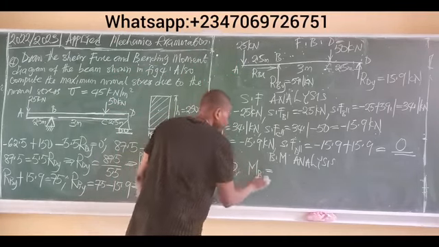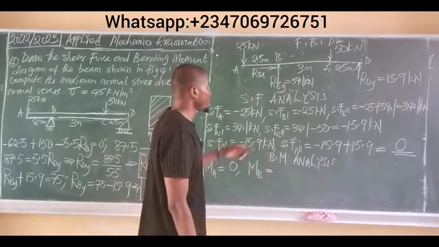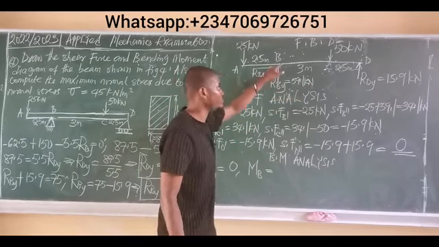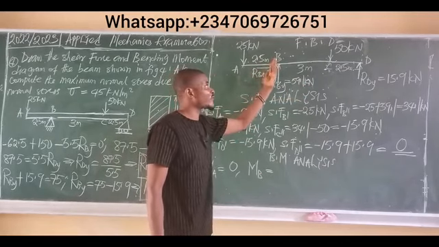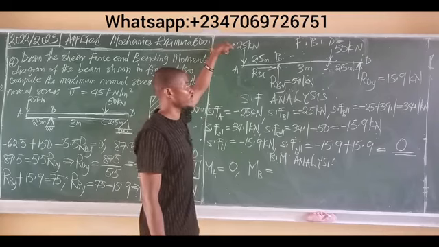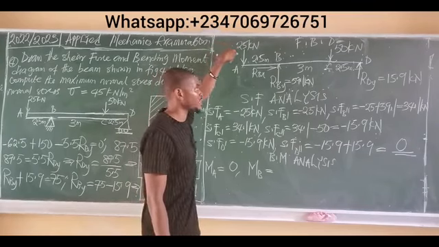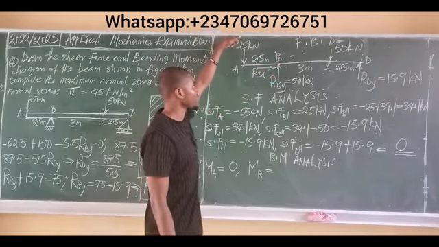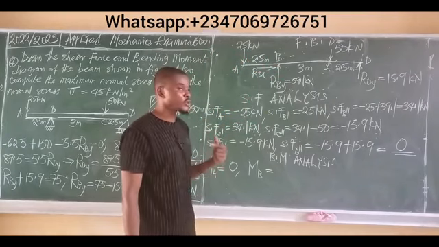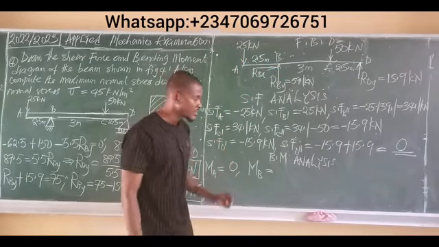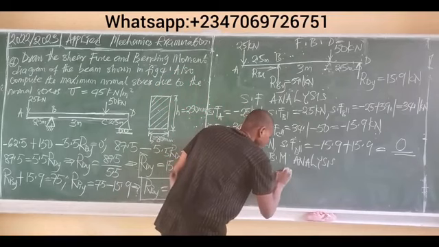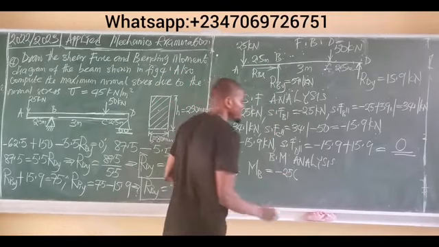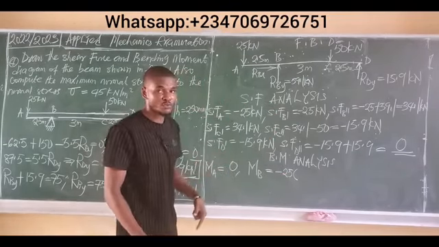The moment at point B is simply equal to, on getting to point B, the moment of this force at point B becomes 0. But I have a force behind point B, which is the 25 kilonewtons force, so I can take the moment of this force about point B. Since this force is acting downwards, it is going to produce a negative moment. So you simply have minus 25. Moment is force times the distance it takes the force to get to the point of moment.